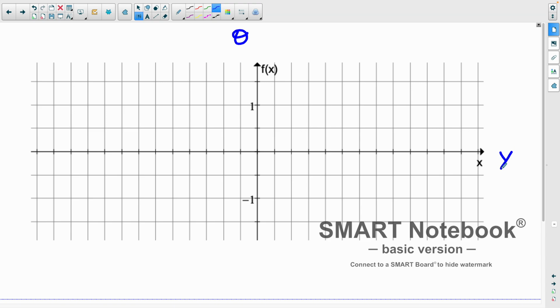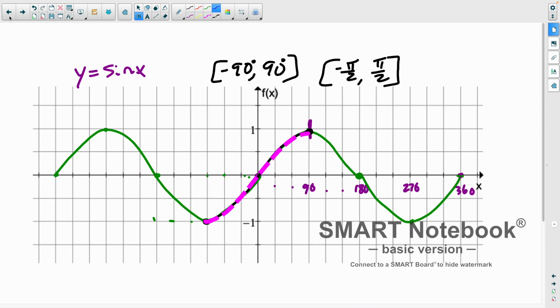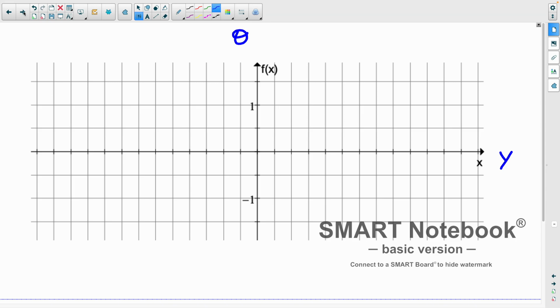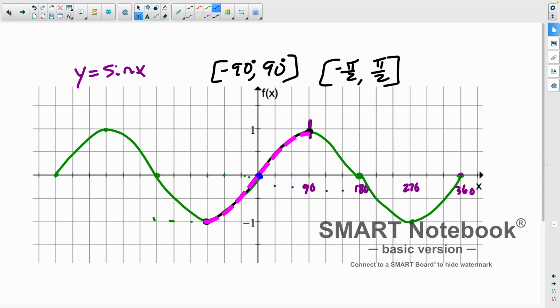So what point, if we were to look at this graph right here, what would be a good point that we could take and put on our inverse graph? 0, 0. Okay, 0, 0 would be a pretty easy one. So I'm going to put 0, 0 on my inverse graph. What would be another couple points that would be really good? 90 degrees and positive 1, and negative 90 degrees and negative 1.